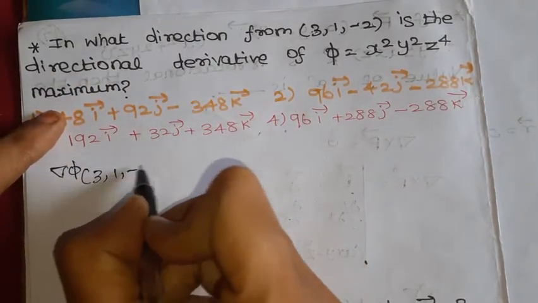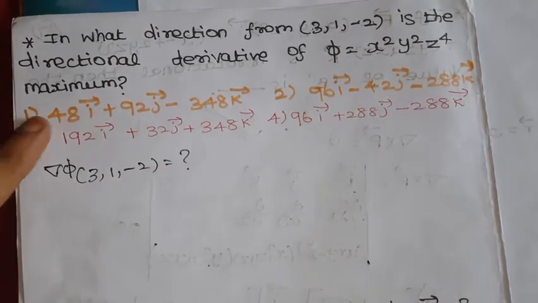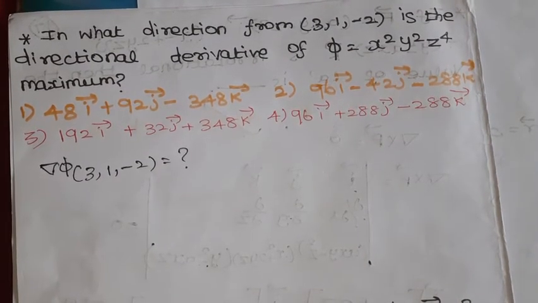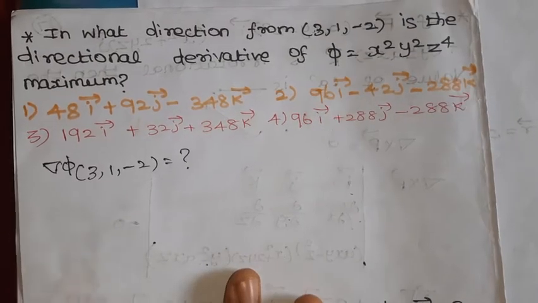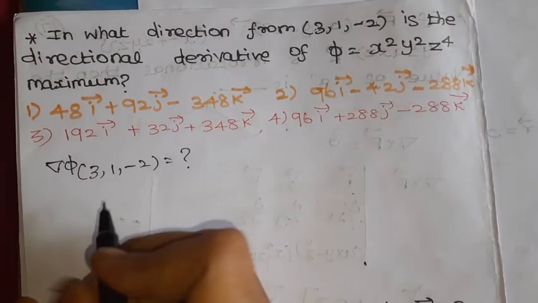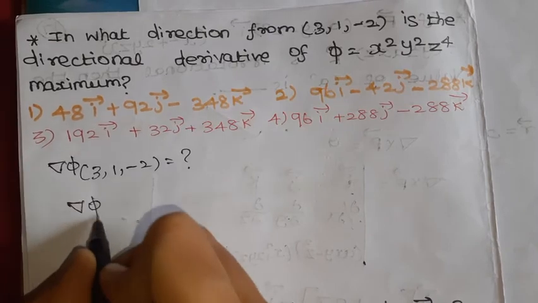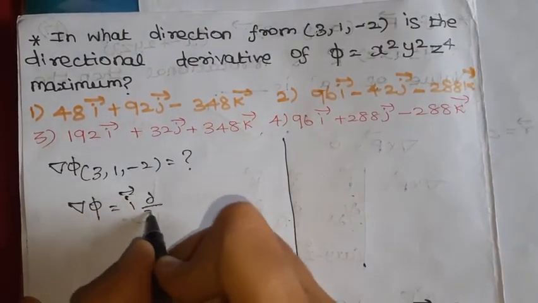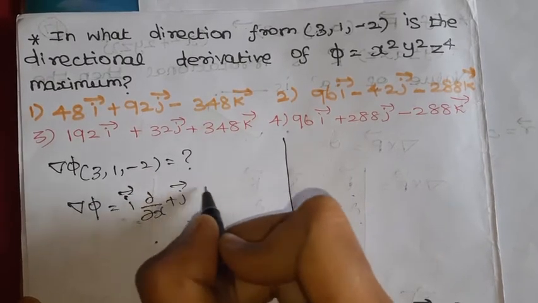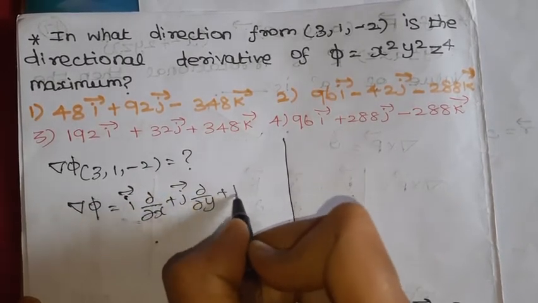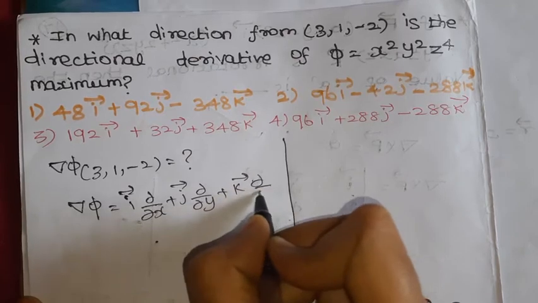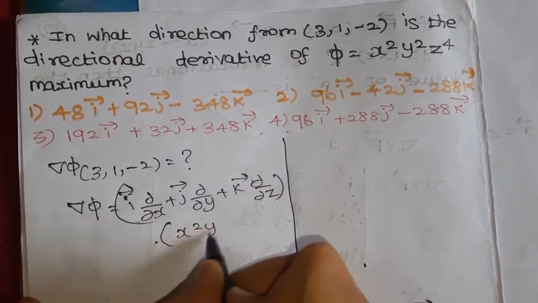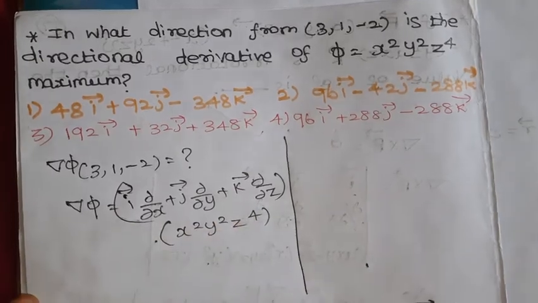Del phi at (3, 1, -2), this is what we need to find. First, the del phi value. We know del is i into dou by dou x plus j into dou by dou y plus k into dou by dou z, acting on phi, x squared y squared plus z power 4.